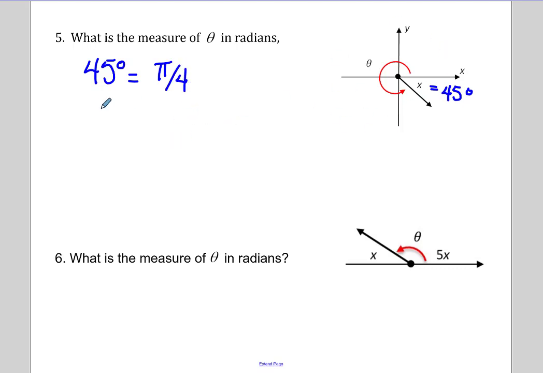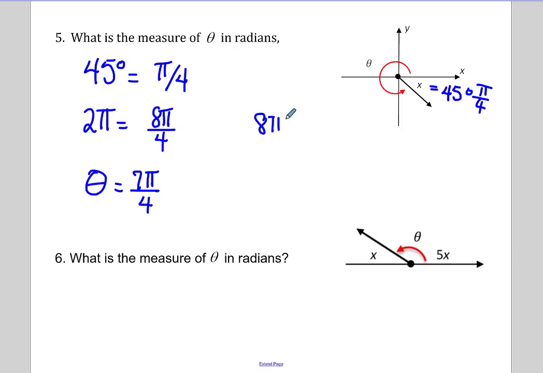And all the way around is 2 pi, which could be converted into a fraction with a 4 for the denominator, so 8 pi over 4. If the entire way around is 8 pi over 4, and we've gone pi over 4, then that red angle theta would be 7 pi over 4, since 8 pi over 4 minus 1 pi over 4 is going to give us the theta measurement, 7 pi over 4.